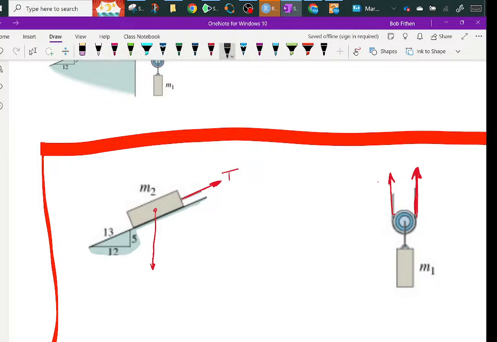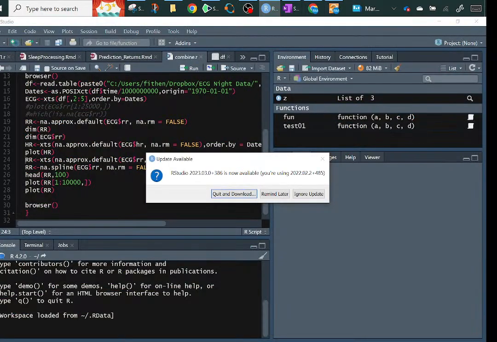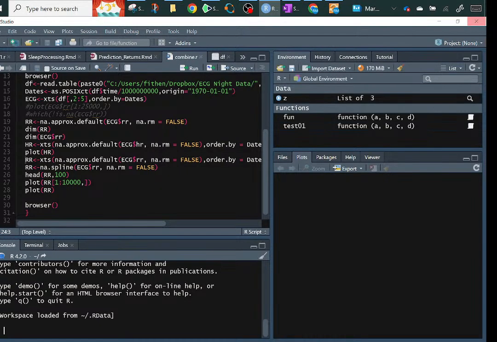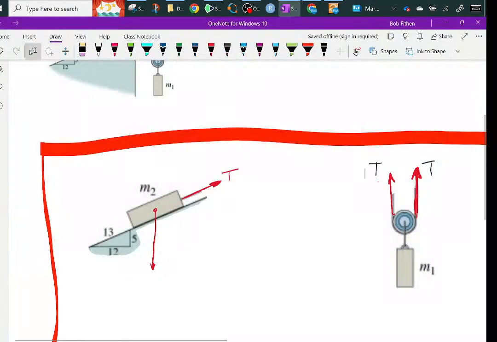So what we're going to do is I'm just going to put a tension here and a tension here because they're all the same. It's not moving yet. There's no movement here. So I think, yeah, let me get rid of this. Okay. So there's nothing moving yet.